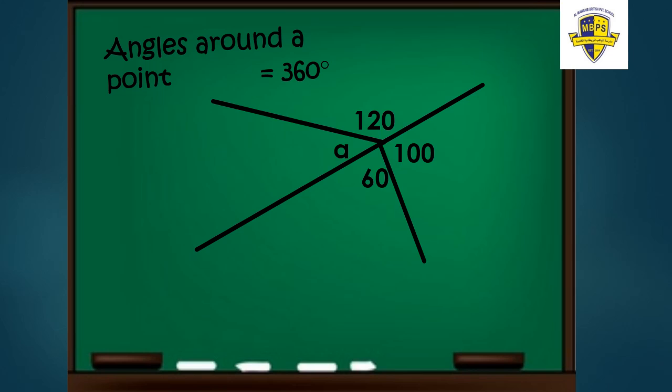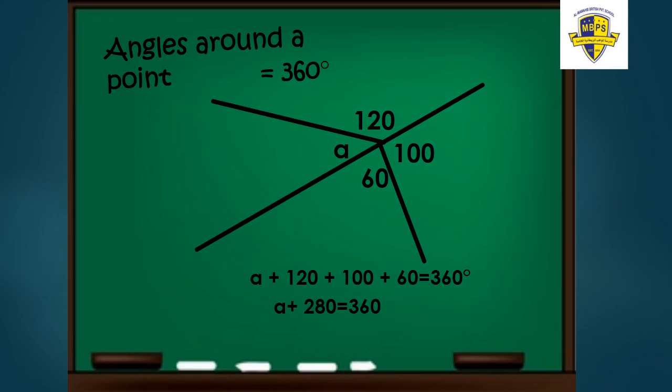Now if I tell you that the measure of B is 120, of C is 100, of D is 60, find A. First you have to add 120 plus 100 plus 60, which equals 280.